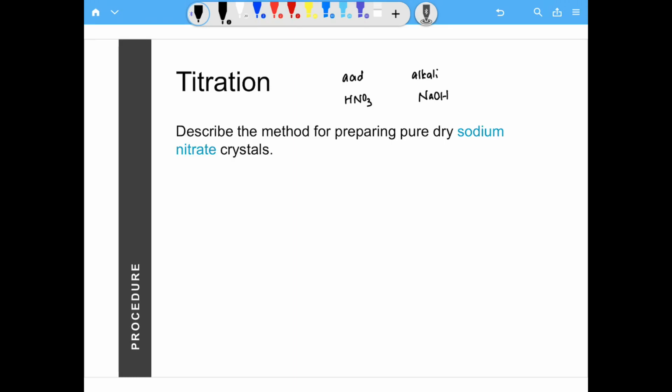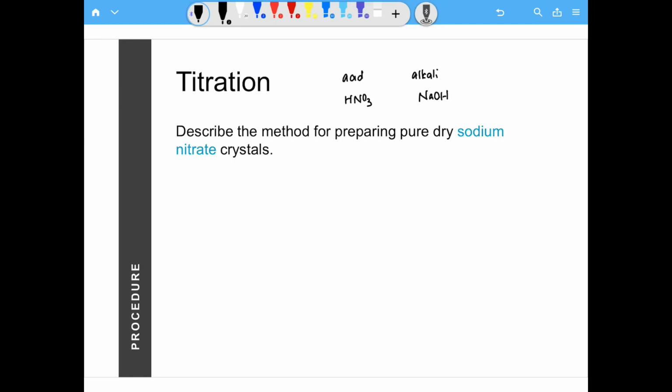Now the key to the titration method is that we need to add exactly the exact amount of nitric acid to react with the sodium hydroxide. There cannot be a case where there's any excess of one reagent or the other.